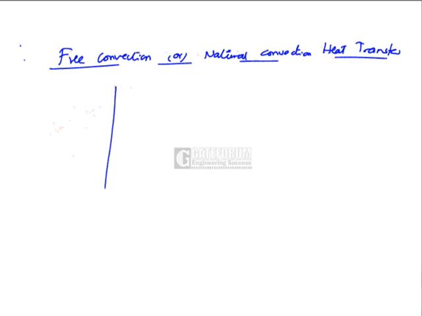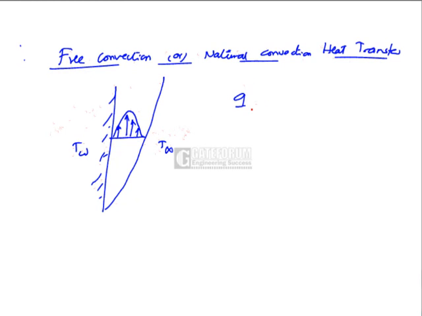Supposing if you take a vertical wall like this, the flow of air would be like this. There is again a boundary layer development. Here outside the boundary layer velocity is 0, and at the wall also velocity is 0. Here also Newton's law of cooling holds good.